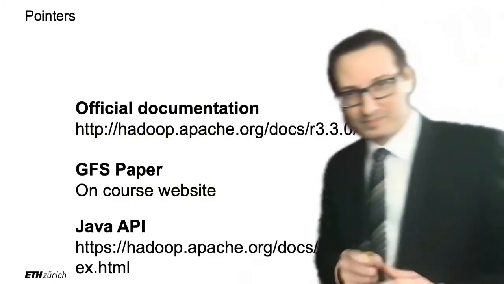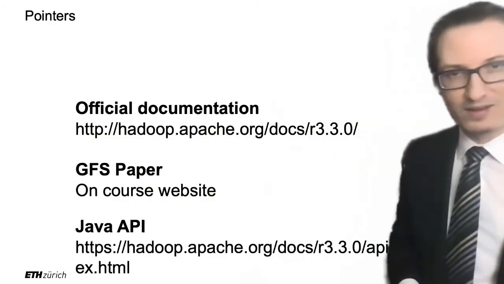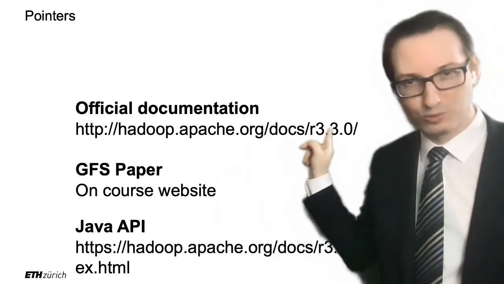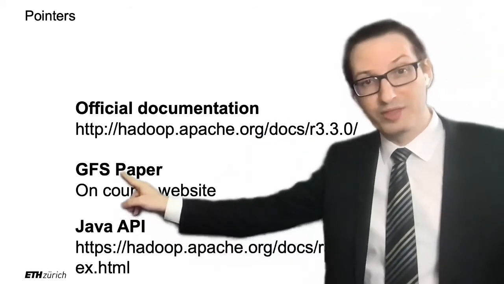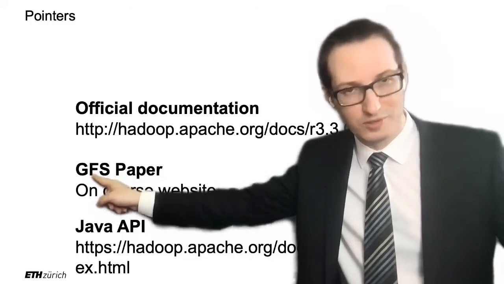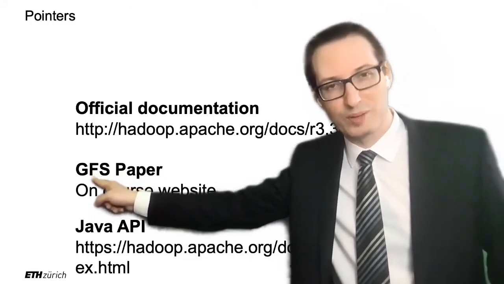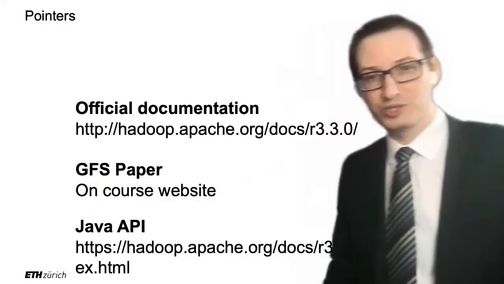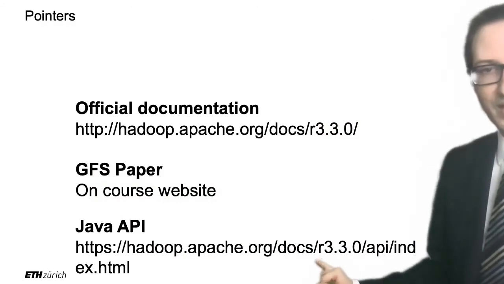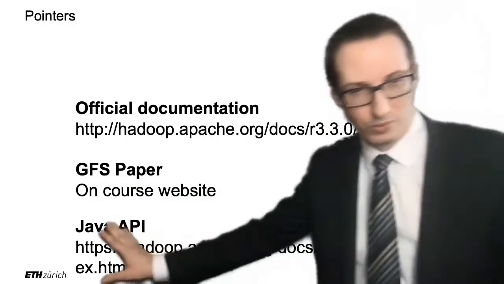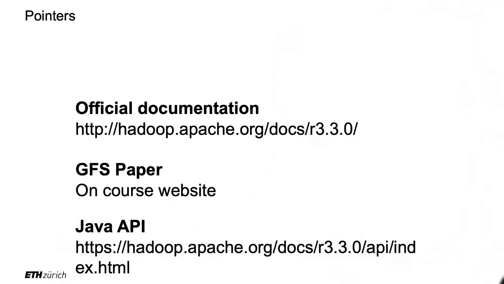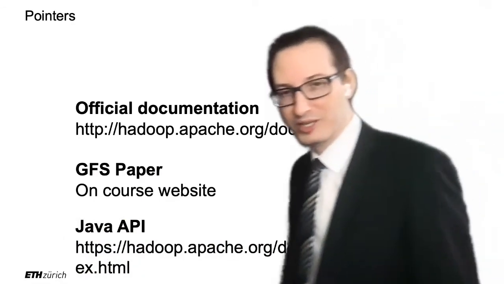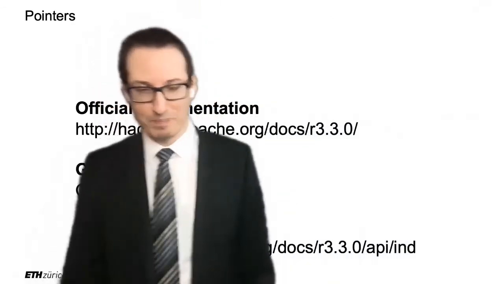Okay. These are a few papers. The official documentation is there, you can go to the latest one if you want. The HDFS paper, you can, of course, read the GFS paper too, but I think now I swapped to the HDFS paper, which is better. And then you also have a Java API if you want to look into it. This is really optional. If you want to see the library to interact with HDFS from Java.